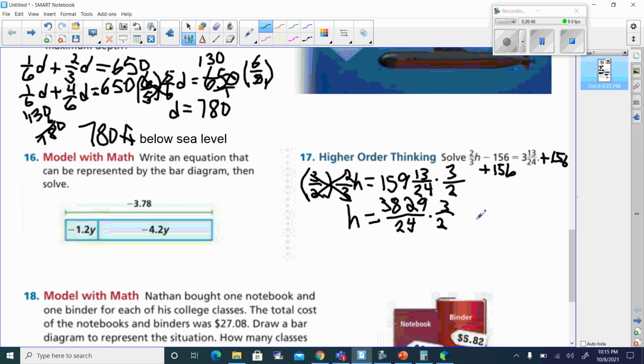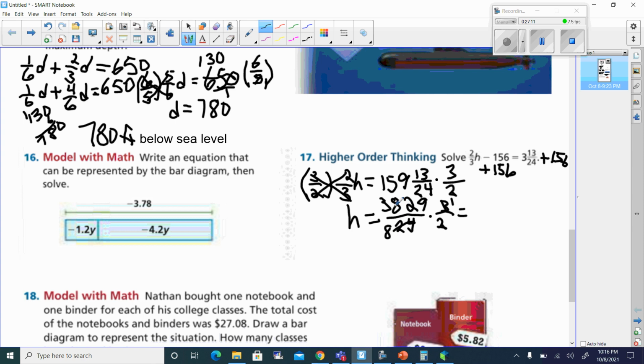All right, and now I can't divide this by 2 because it ends with a 9. But what I can do is I know 3 and 24 work out pretty well. They're both divisible by 3. 3 divided by 3 is 1. 24 divided by 3 is 8. And now I multiply the top number to the top number and the bottom number to the bottom number.